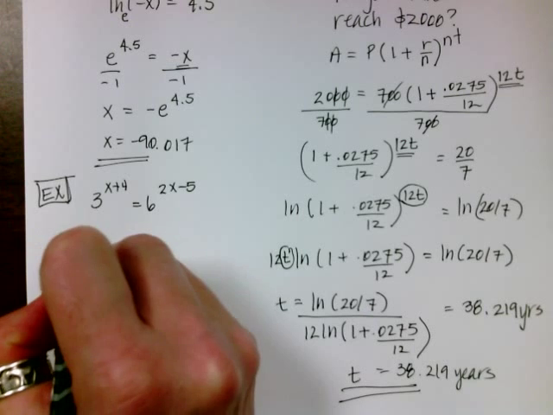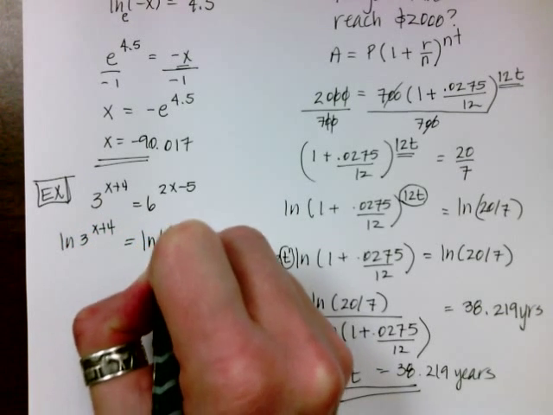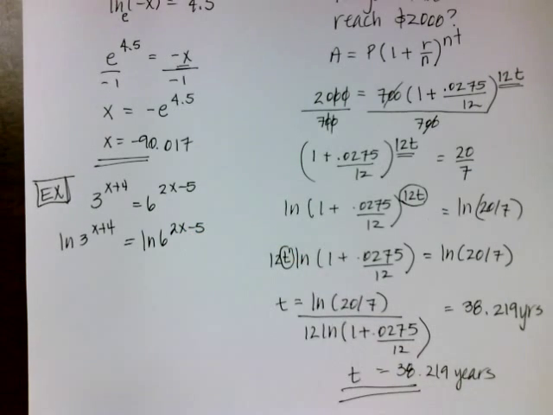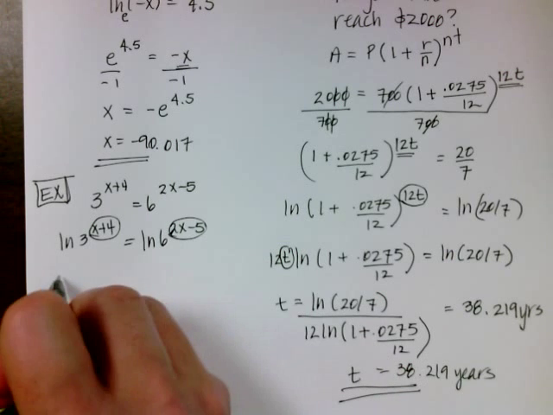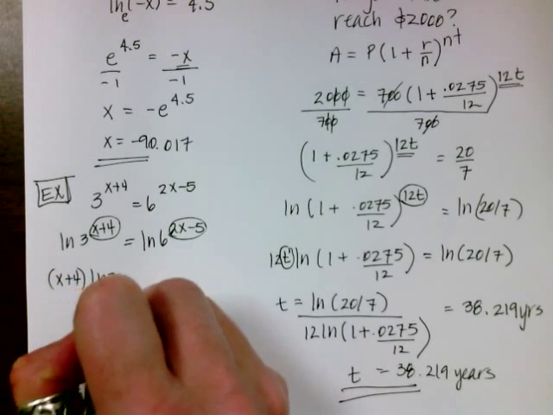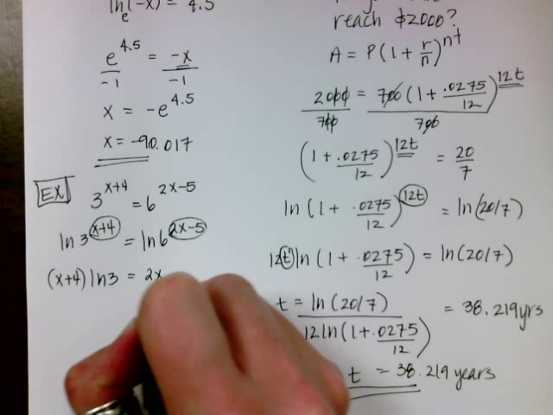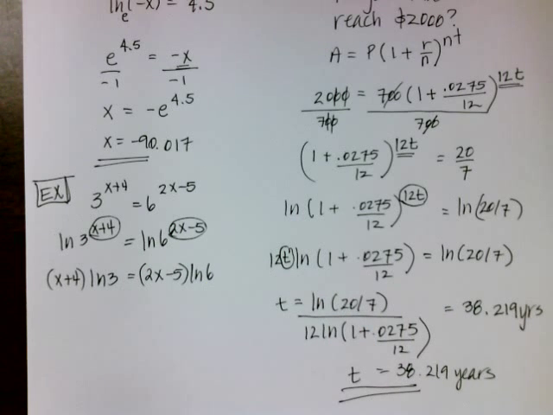So I'm going to do the natural log of 3 to the x plus 4 is equal to the natural log of 6 to the 2x minus 5. Both exponents go out front. So I'm going to have x plus 4 in parentheses, natural log 3 is 2x minus 5 in parentheses, natural log 6. Okay?